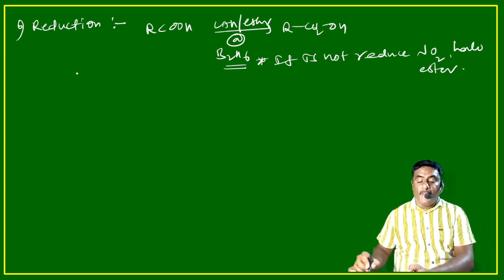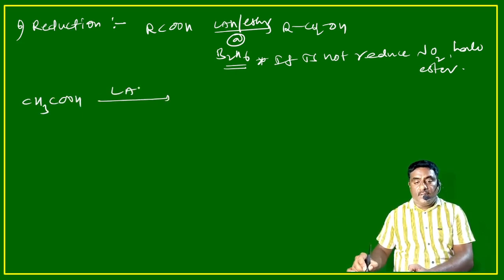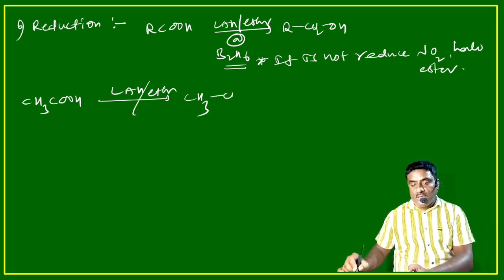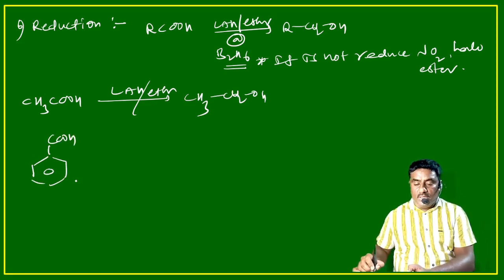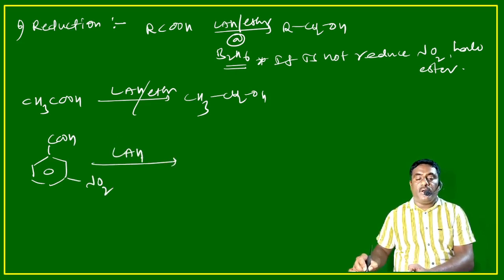Look at an example. If I take CH3COOH in presence of lithium aluminum hydride in ether, it gives CH3CH2OH, no doubt. If I take benzene with COOH and NO2 group with lithium aluminum hydride in ether, it is completely reduced.